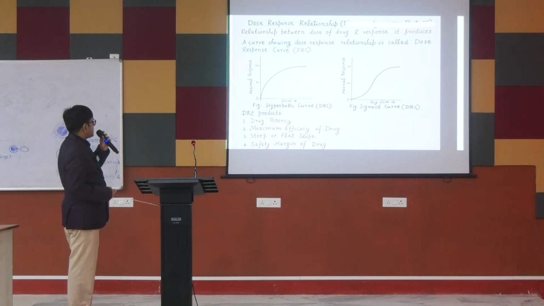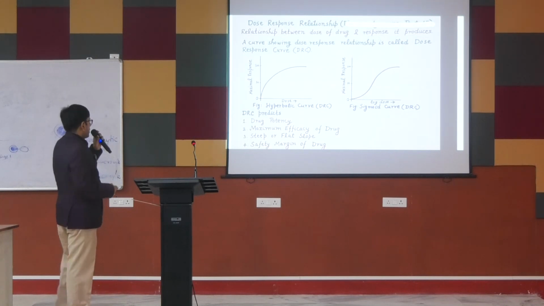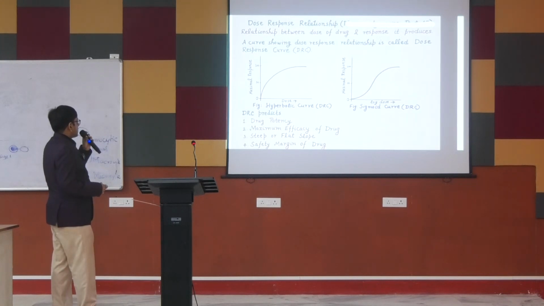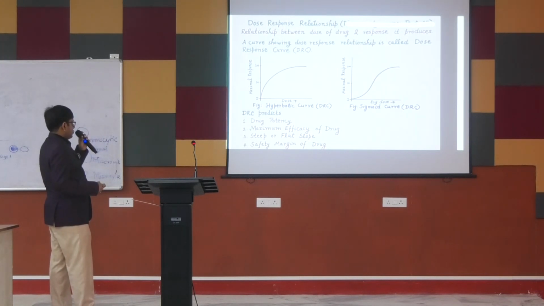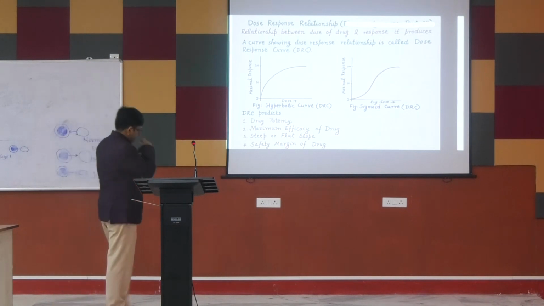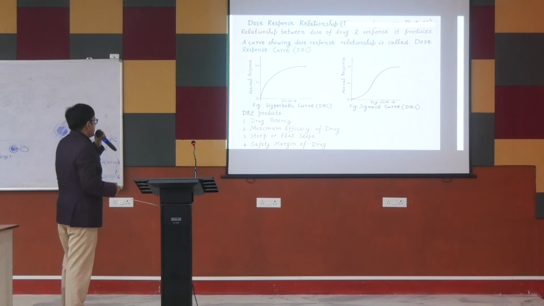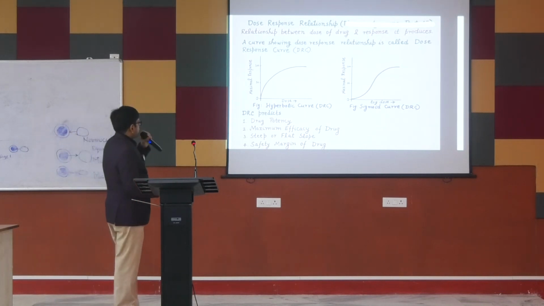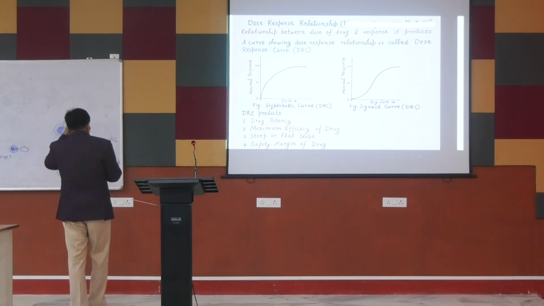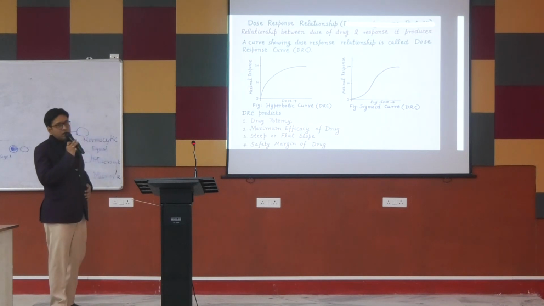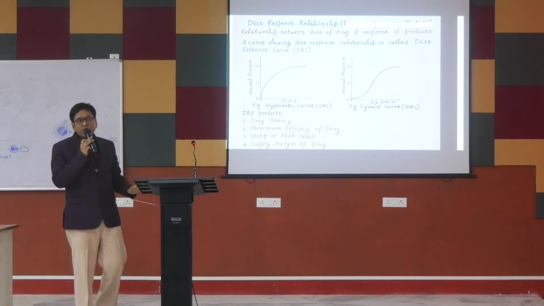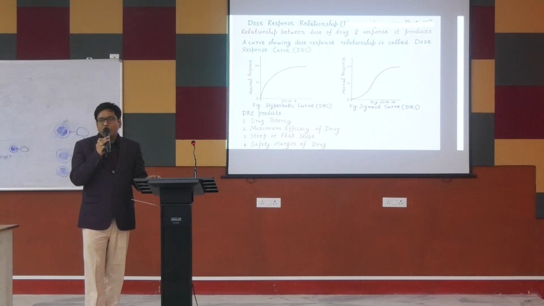The different doses and their corresponding responses are plotted in a curve, and we get this curve, which is called the dose response curve, and it is hyperbolic. What is the importance of the dose response curve? We'll come to it. From the dose response curve, we get a lot of information about the drug.